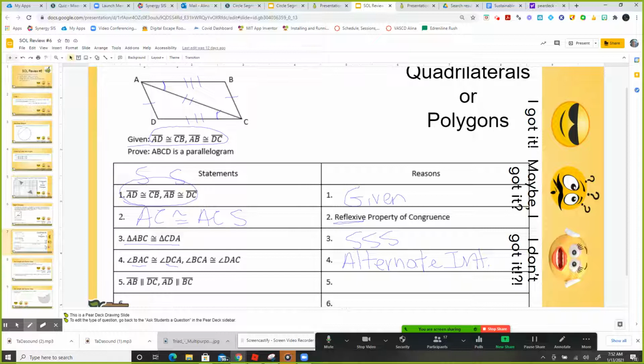And we can do the BCA, this one, and DAC, this one. Those are alternate interior angles. They make the Z, right? And then AB is parallel to DC. AB is parallel to DC. And AD is parallel to BC. The drawing starts getting a little cluttered because we've got a lot of information about this parallelogram. But this is just definition of alternate interior angles.